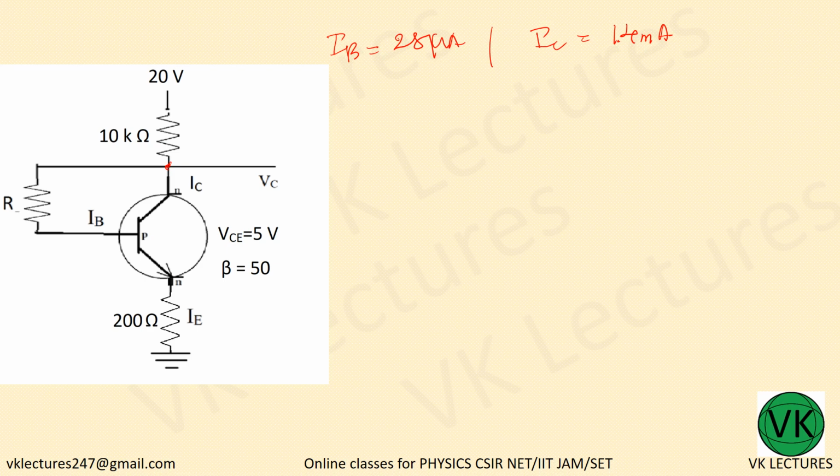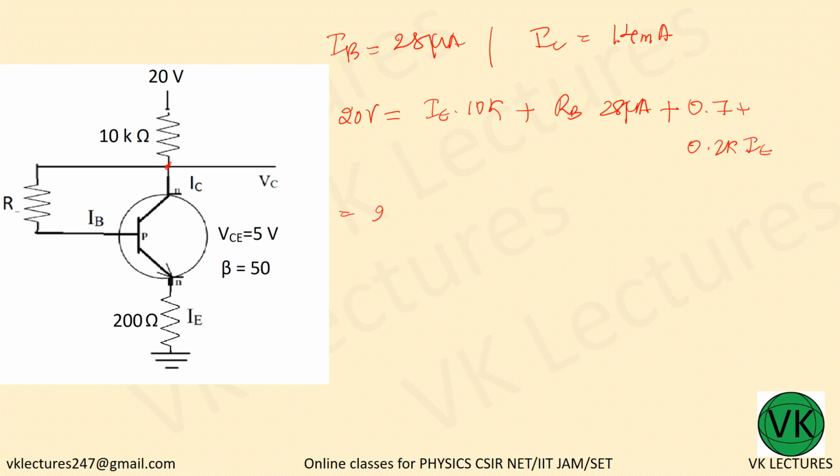So on the input side we can write 20 volt is equal to IE into 10k plus IB. So RB, this is what we want, RB value. RB into IB is nothing but 28 microampere, plus VBE 0.7, plus 0.2k into IE, right?